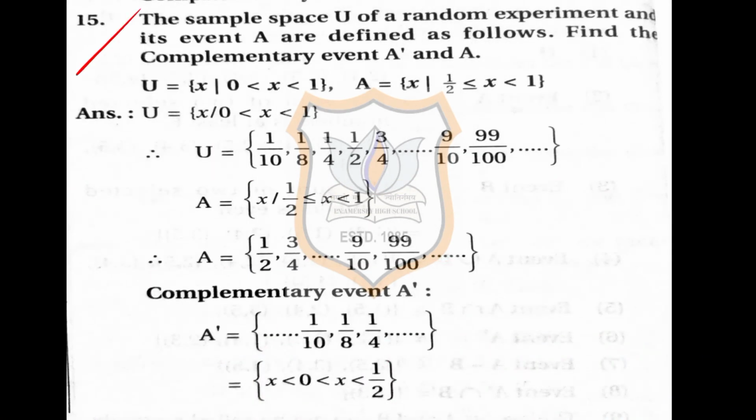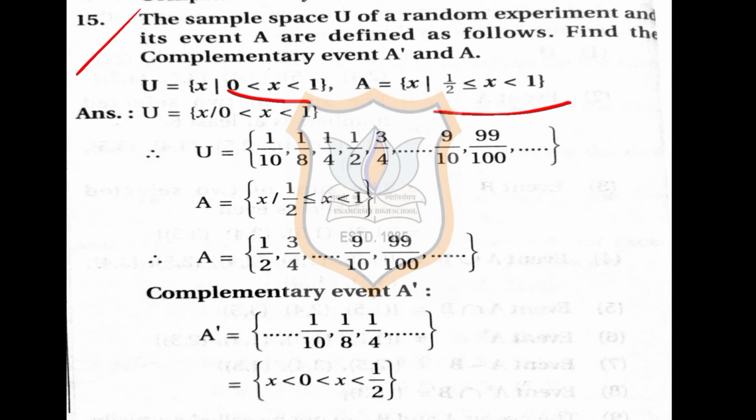Now question number 15. The sample space U of a random experiment and its event A are defined as follows. Find the complementary event A dash. Now if you see, U is the numbers between 0 and 1 and A is a set containing the numbers between half and 1, right?